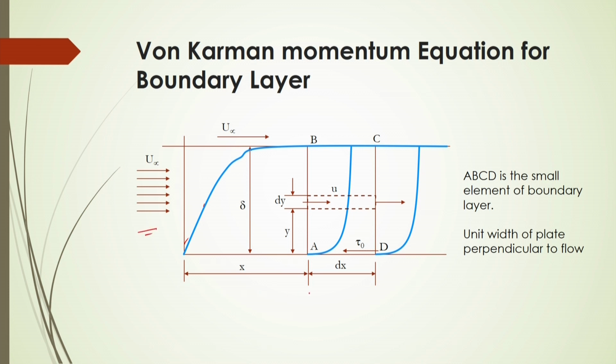At a certain x we consider this elementary boundary layer, and if there is a dy thickness, then the shear stress acts in the opposite direction of the flow. This shear stress is denoted by tau 0.